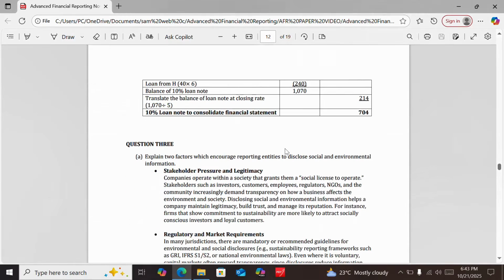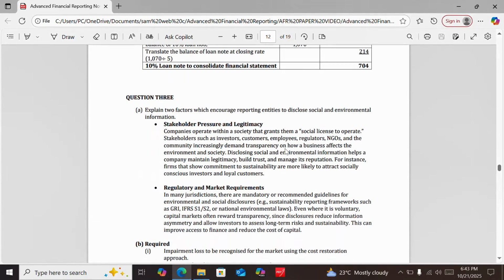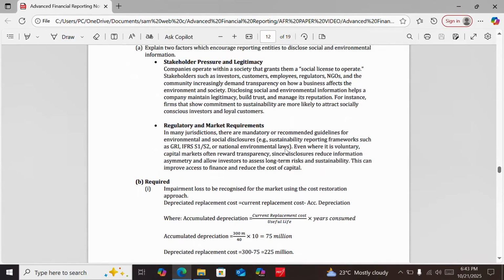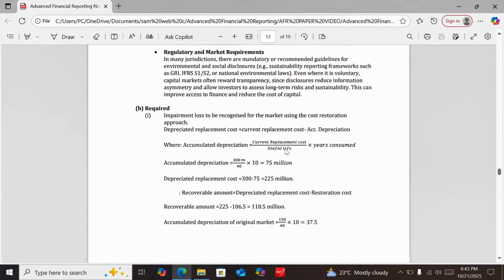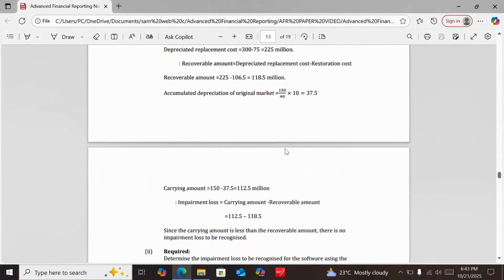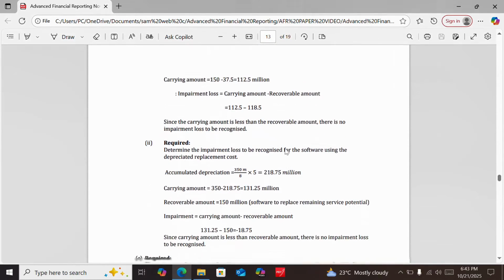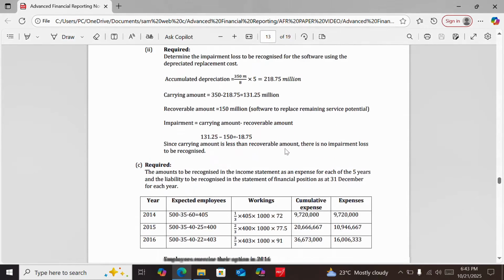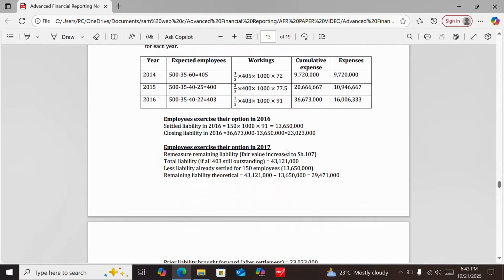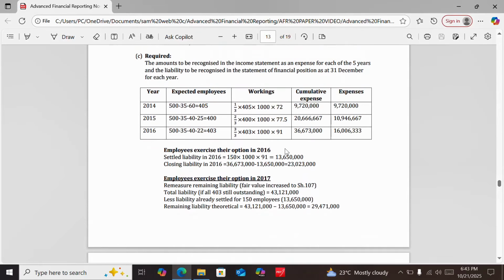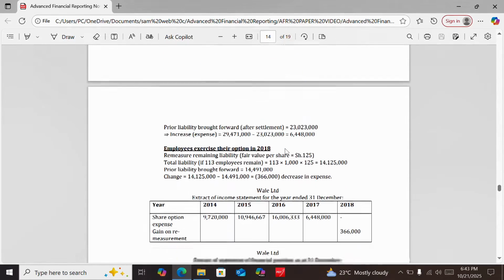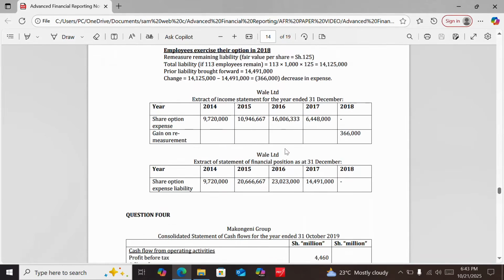Then question 3, part A. Then we have part B, Roman 1 and Roman 2. And then we have part C, and we continue. So that is part C.